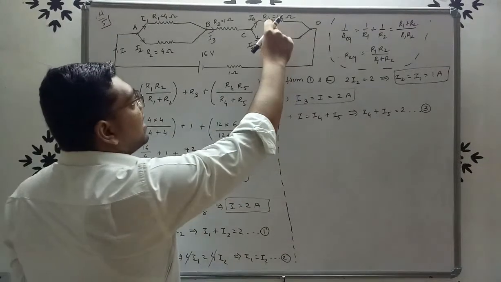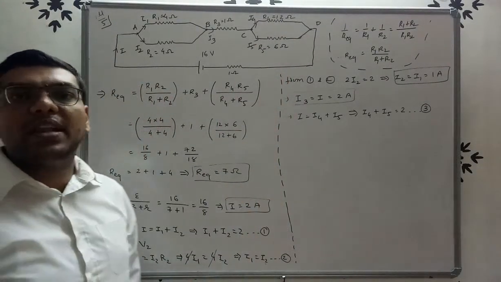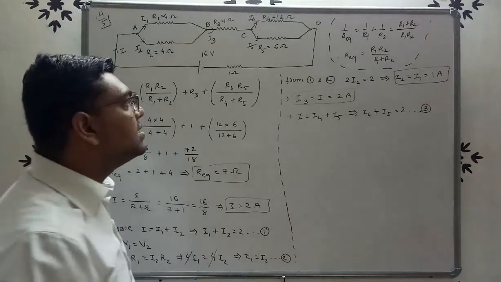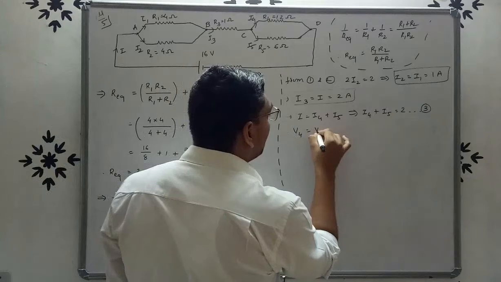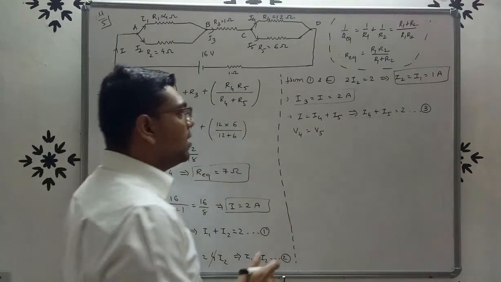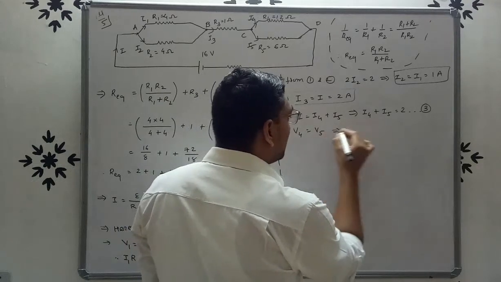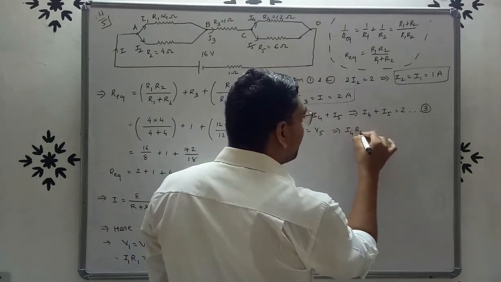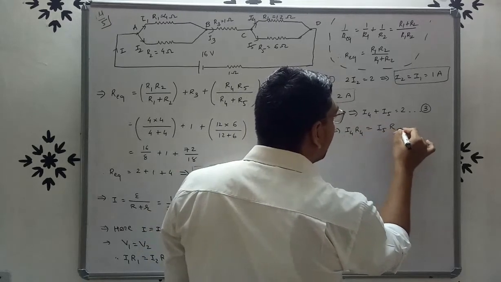Now this R4 and R5 are in parallel connection, and we know that in parallel connection the voltage will be the same. So for resistor 4 it is V4 and for 5 it is V5, so V4 is equal to V5, but we know that V is equal to IR, so V4 is I4 R4, which is equal to V5, that is I5 R5.